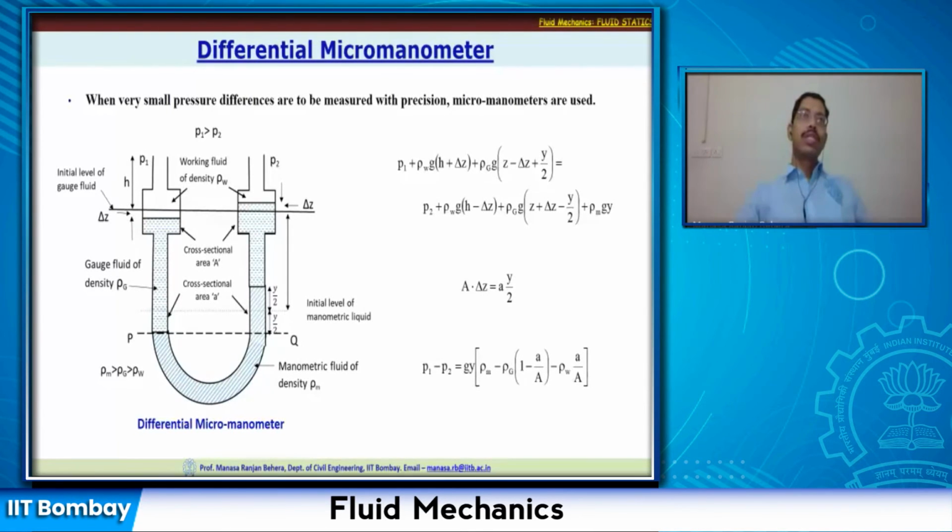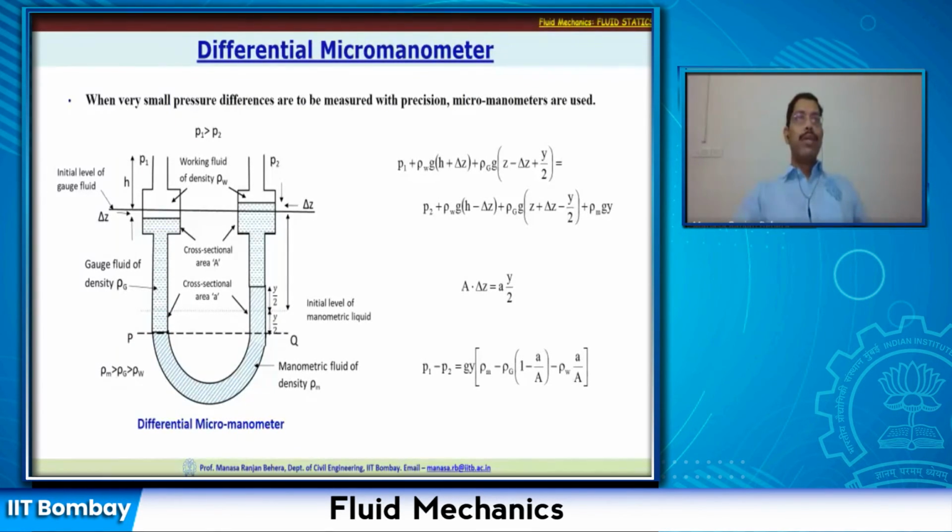This is the pipe, which is connected to the working fluid system, and you have the manometer here. It has one chamber with a cross-sectional area of capital A, and another with a cross-sectional area of small a, which is of lower diameter or lower cross-section.